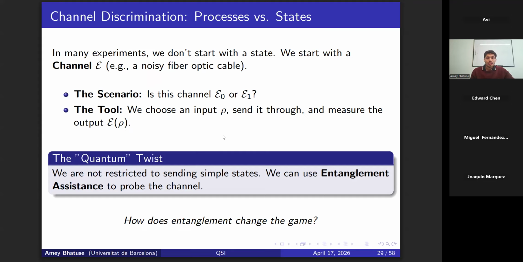Now, here we can actually do something much more. We are not restricted to sending simple states because we have a property in quantum mechanics called entanglement, and maybe we can use this to distinguish between these channels in a much more efficient way. So let's see how entanglement can be used.